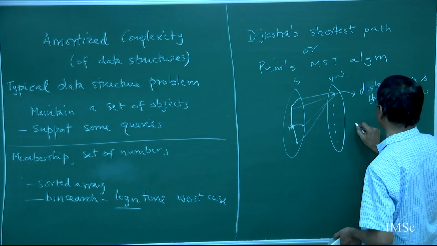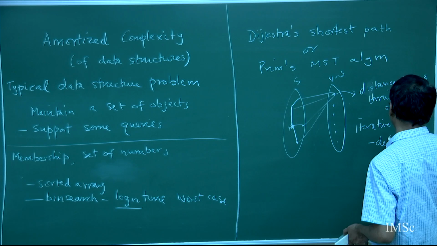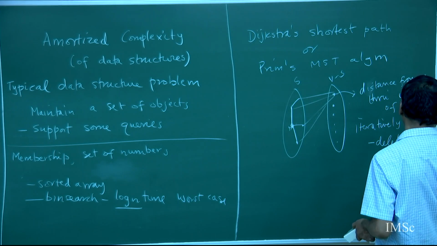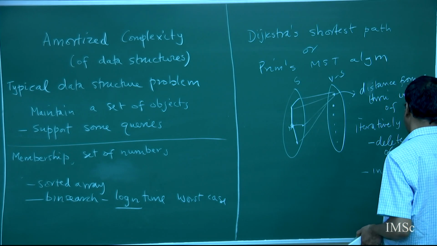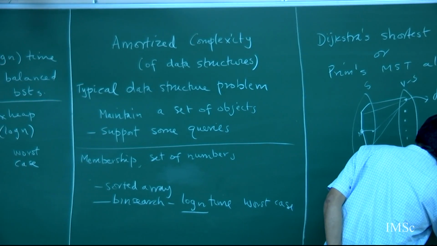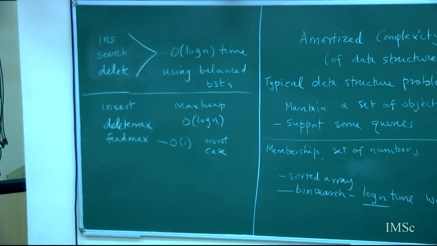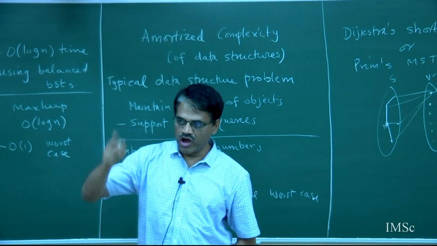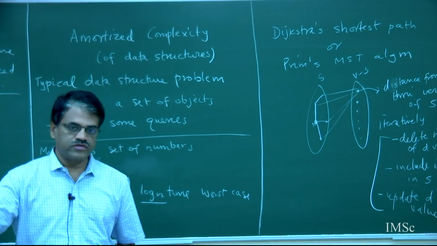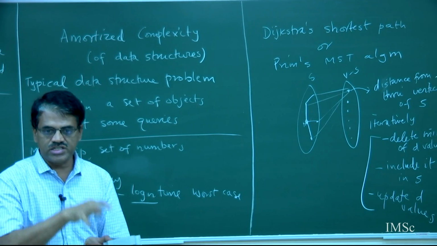So the algorithm will iteratively delete the min of the d values, include it in X, in S, update d values, and it's a loop which keeps happening, right? So you have these distances computed, initially some pre-processing, and then you delete the smallest out of them and include it inside. After you include it, because of this new vertex, some distances change, so update those distances.